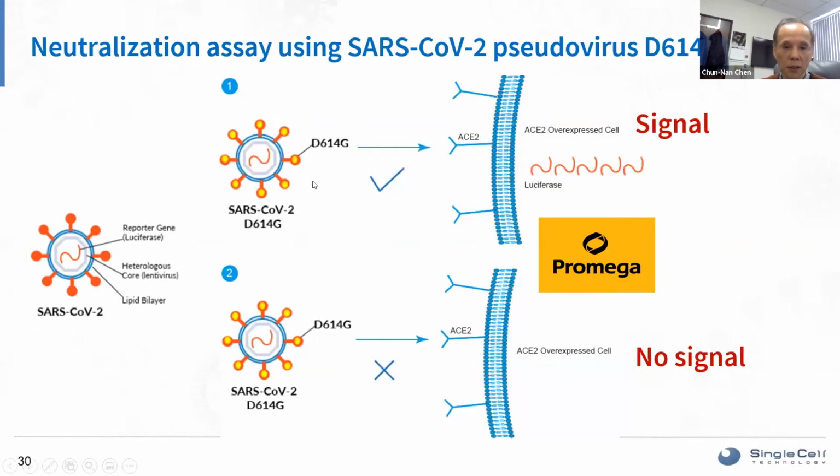If you bind with the antibodies and it doesn't allow infection, then you don't see signal, because the luciferase mRNA did not go in there and get translated. And if it does allow infection, then you actually show signal. So this is the type of neutralization assay you can do in the BSL-2 labs here.